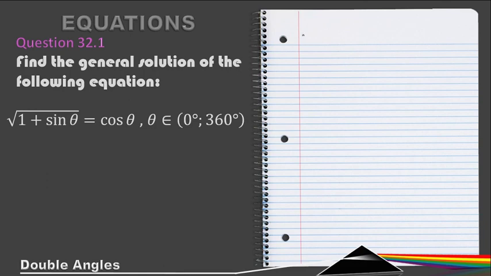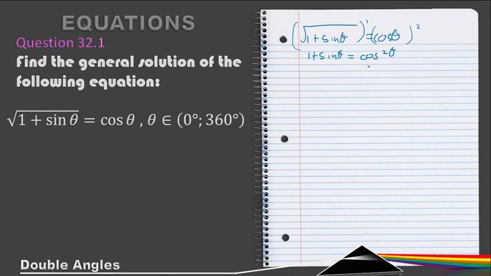The first thing we have is the square root of 1 plus sine theta equals cos theta. The first thing I see is a square root, so I'm going to square both sides to get rid of it. Squaring both sides, I'm left with 1 plus sine theta equal to cos squared theta.